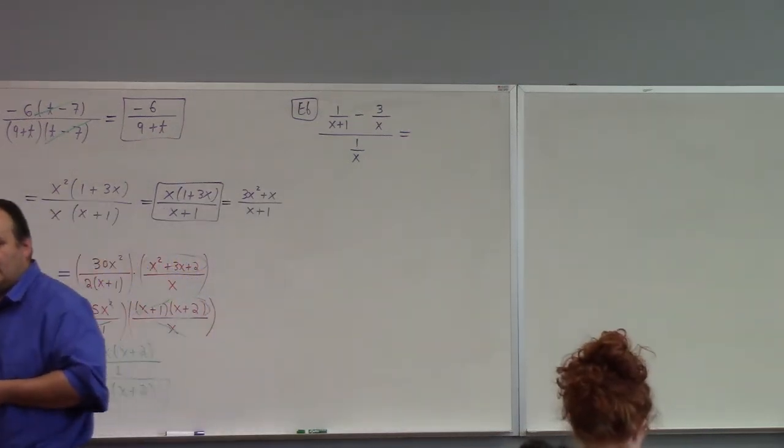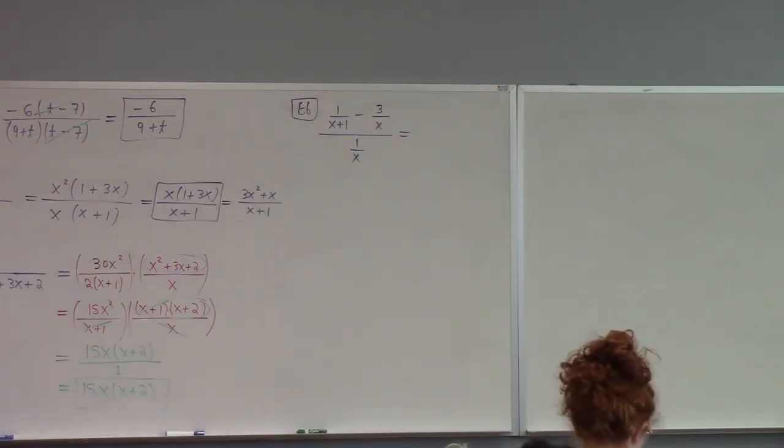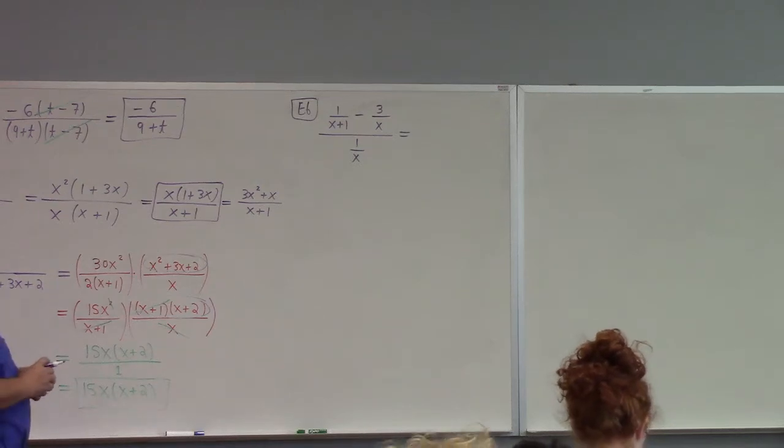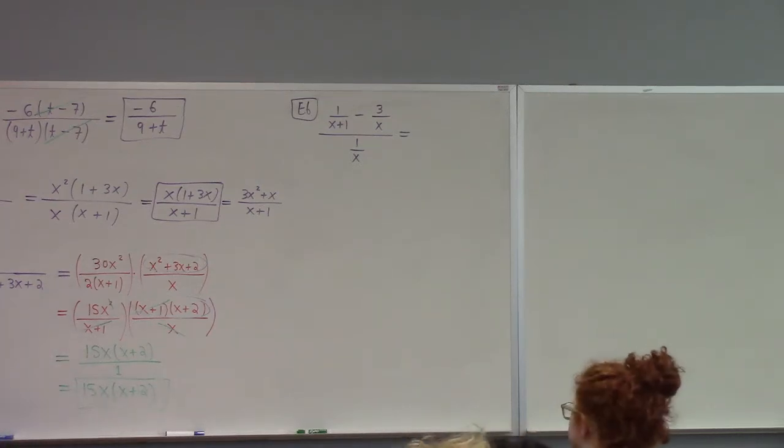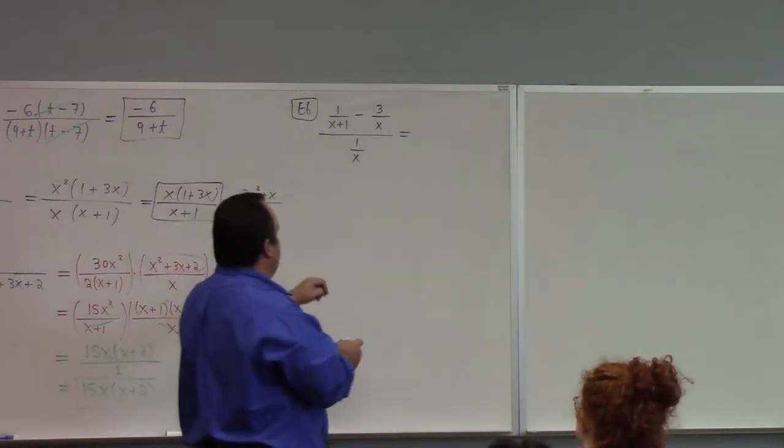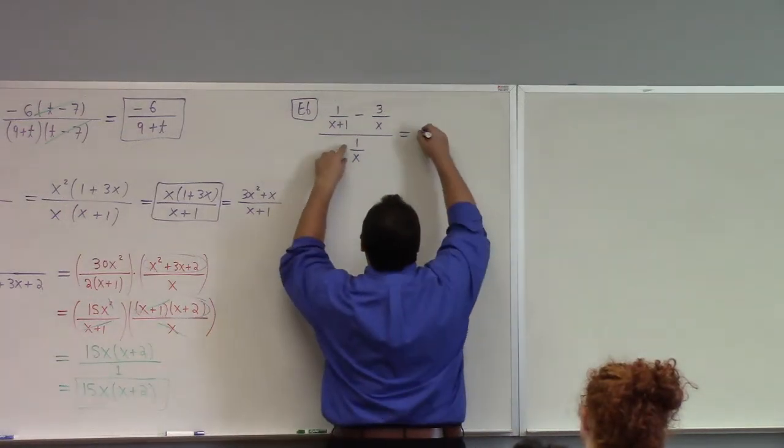There's a problem kind of like this in the homework. Now, here's the neat thing about this one: division by 1 over x is the same as multiplication by x. So when I multiply by the reciprocal of this, I just get x.